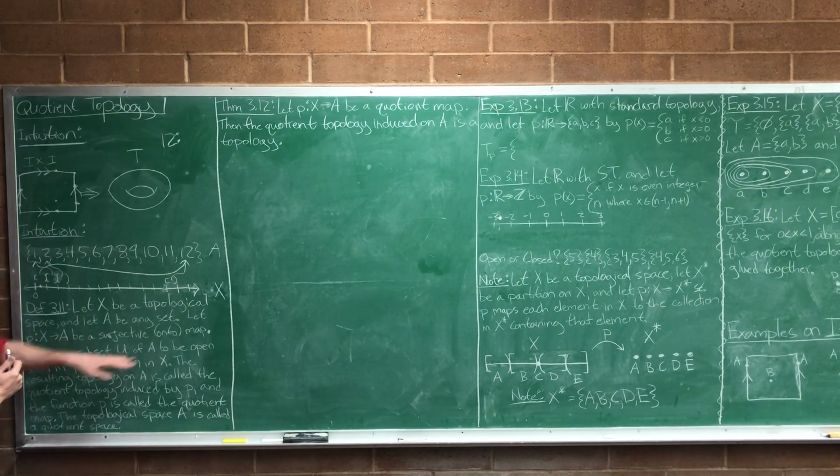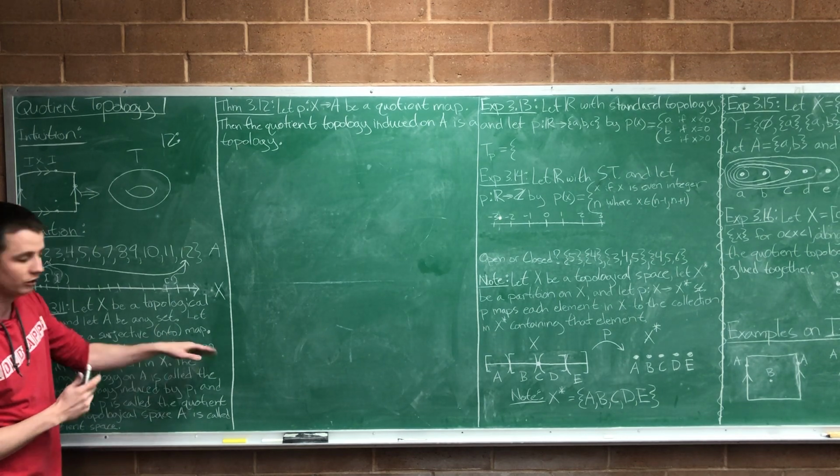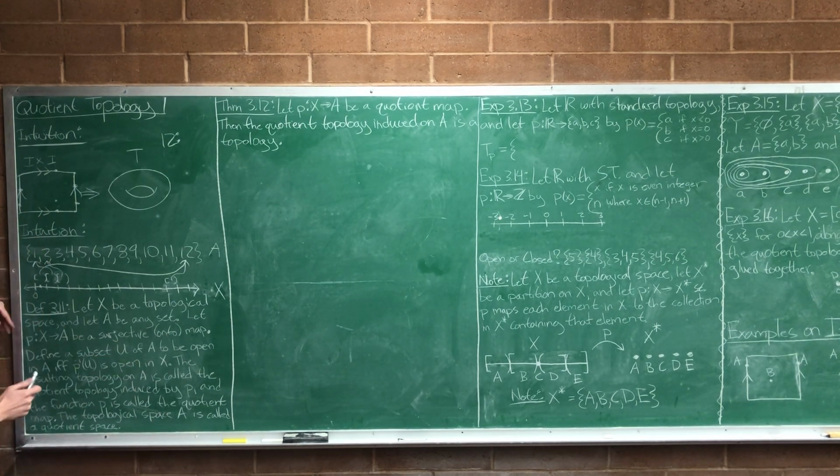Alright, anyways. So let P be a map from X to A, such that it's surjective or onto, whatever you want to call it. Now we're going to define a subset U of A to be open in A if and only if, you remember this notation?